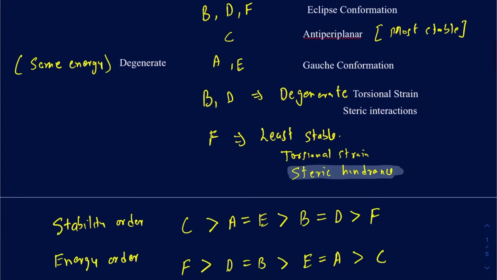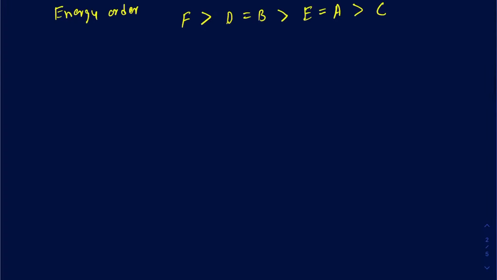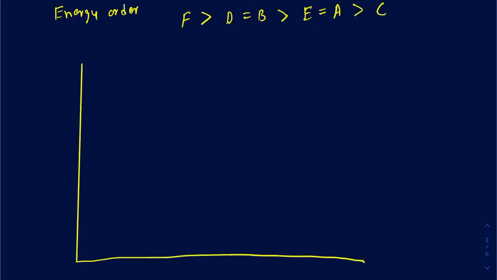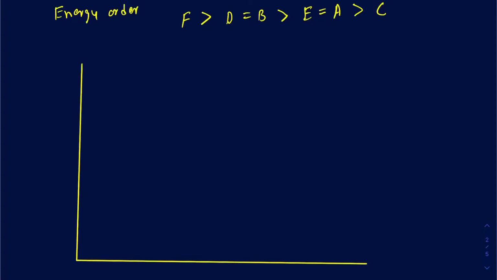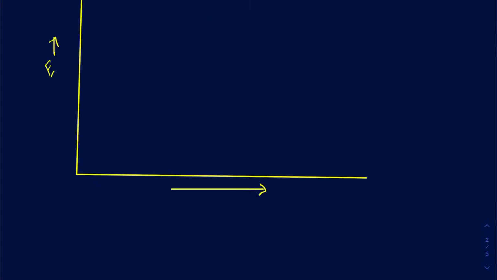Now, if I want to draw these projections that we just got in the form of a diagram, I can have energy on the y-axis, and then I can have the dihedral angle on the x-axis.